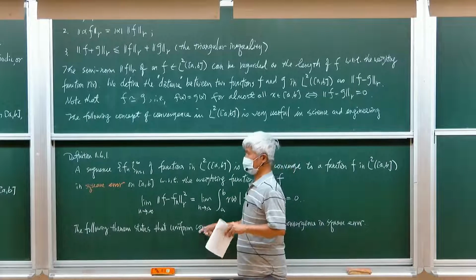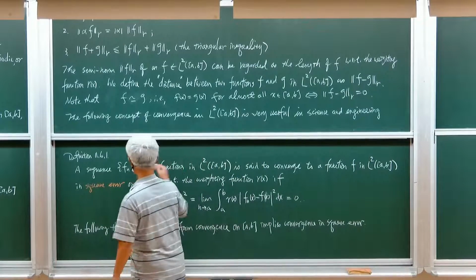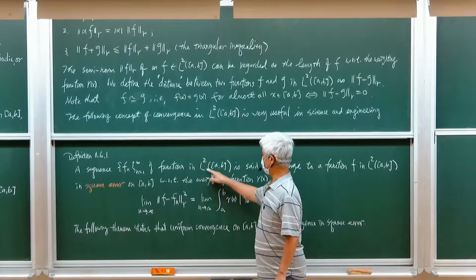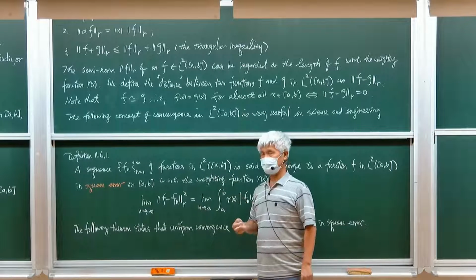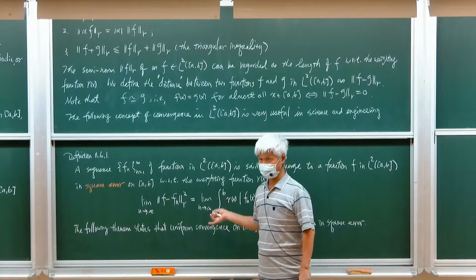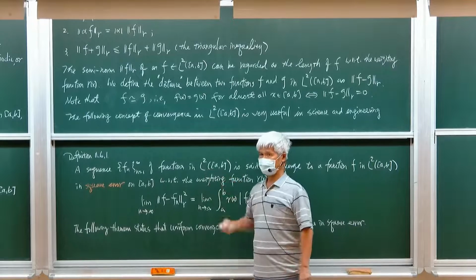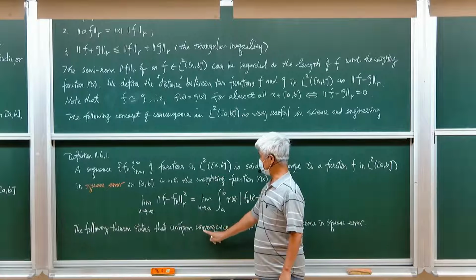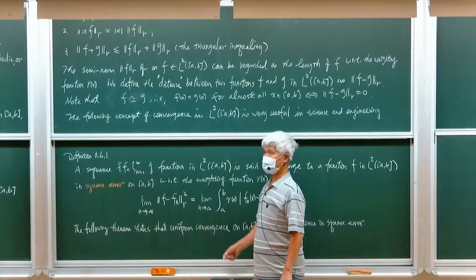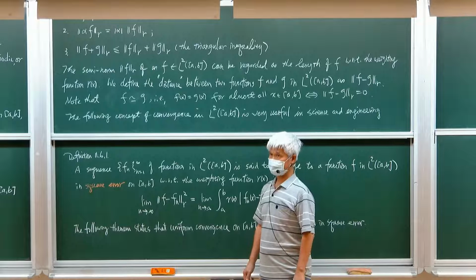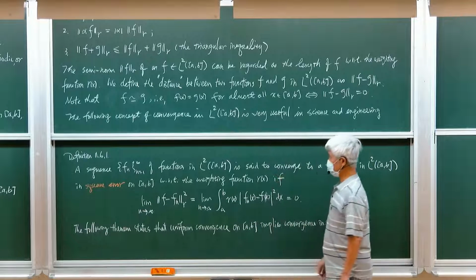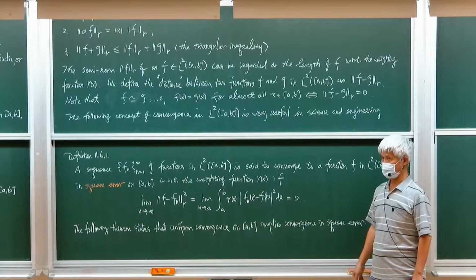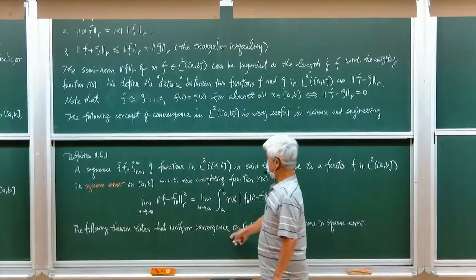So if you want a stronger result, then the function you specify must have better behavior. For example, the functions we studied may be continuous or continuously differentiable. If the function is continuously differentiable on AB, then of course it is square integrable. By using, for example, the Weierstrass uniform convergence test, you will know that you can find trigonometric series, Fourier series, that converge uniformly.